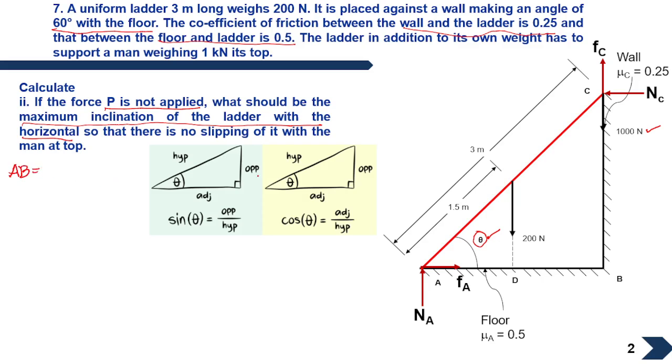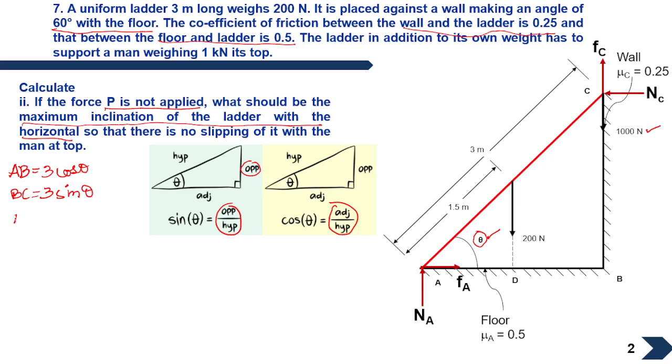Here h is 3, and hence AB will be 3 cos theta, since AB is adjacent. Similarly we can find BC. BC is opposite, sorry, so we apply the formula of sine theta, and h is 3, so this will be 3 sine theta.